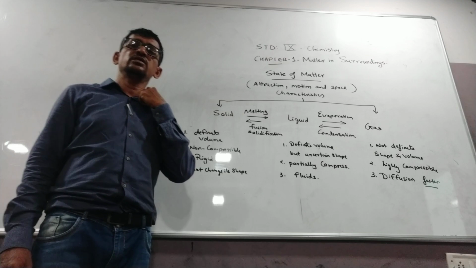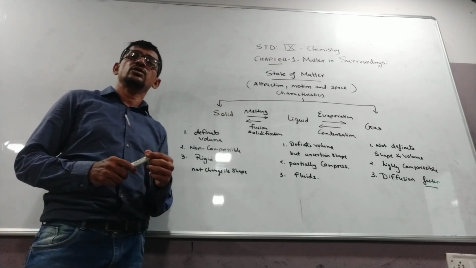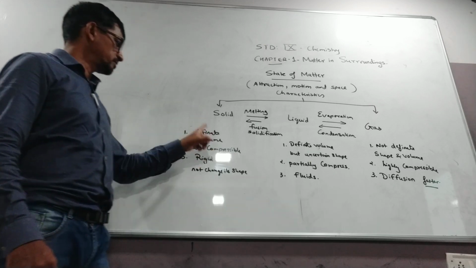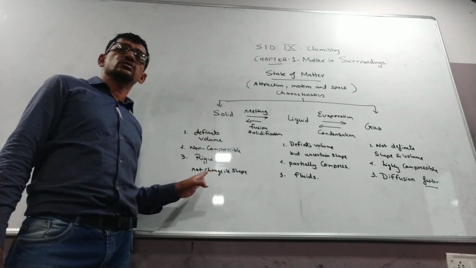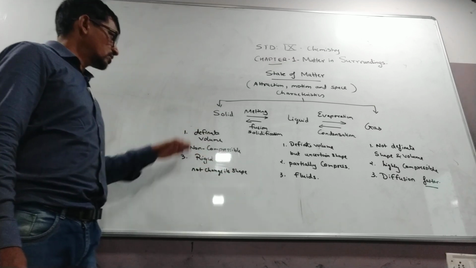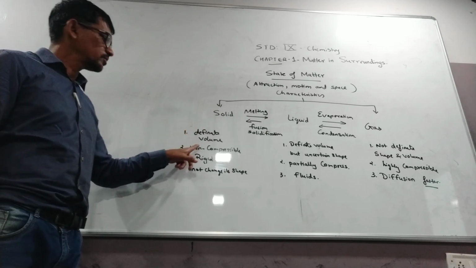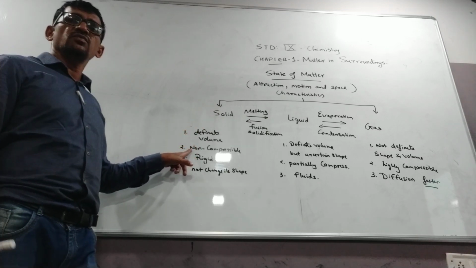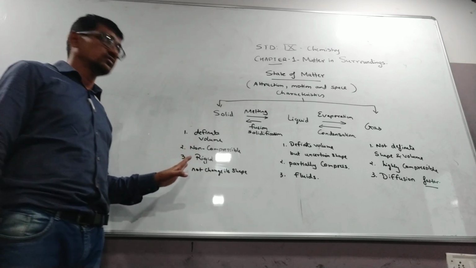Units of volume are liter, milliliter, centimeter cube, meter cube, like that. Next is rigid. Rigid means it does not change its shape. So again, three properties of solid we discussed: definite volume, non-compressible, we cannot compress it, and third, rigid, it cannot change its shape.